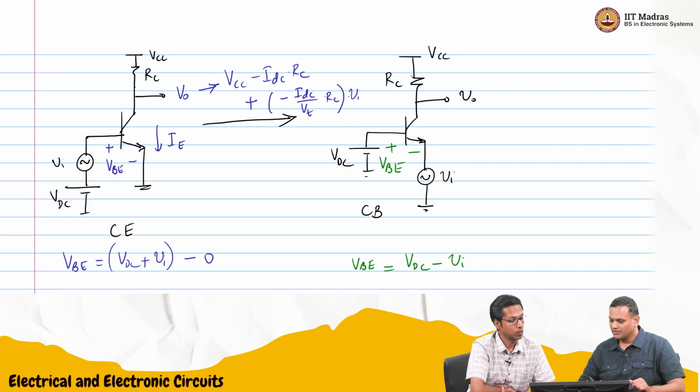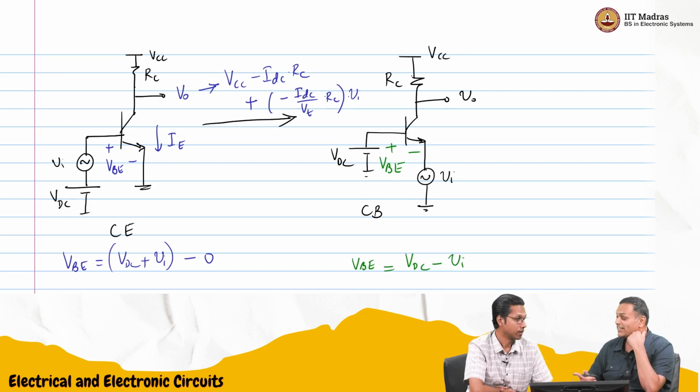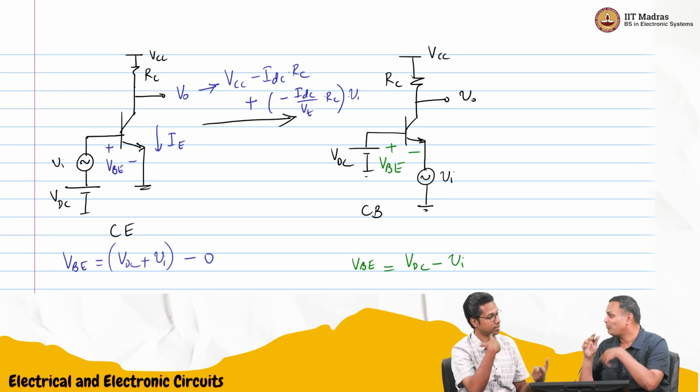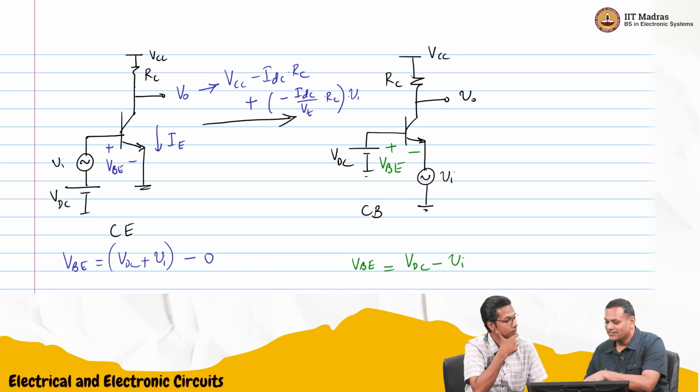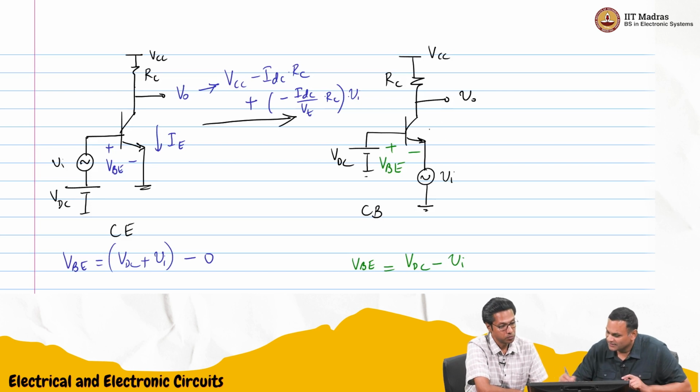Now what this tells us is, because it is minus VI, we should expect plus GMRC times VI. In fact, the DC value will remain the same. So this is still VDC, and corresponding to that I will still get IDC.